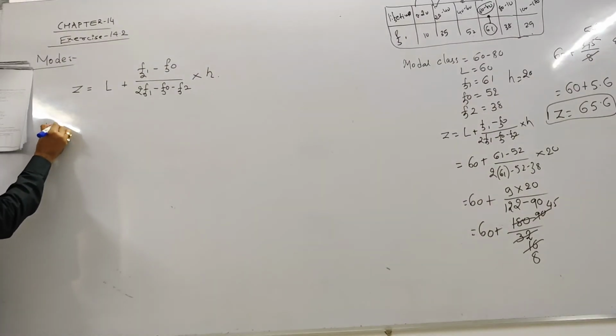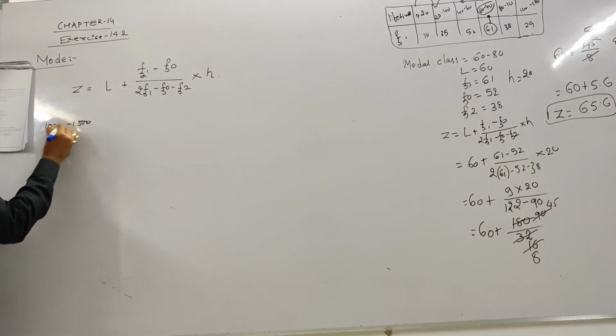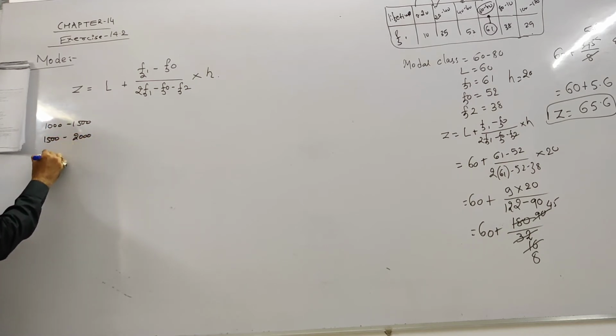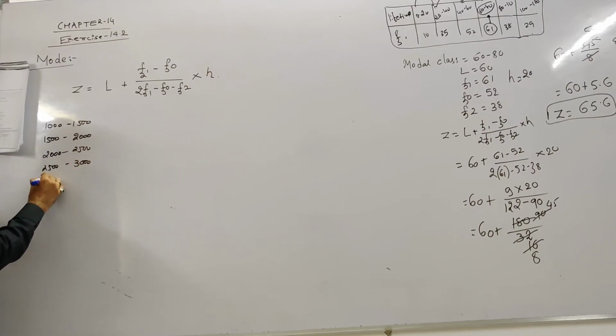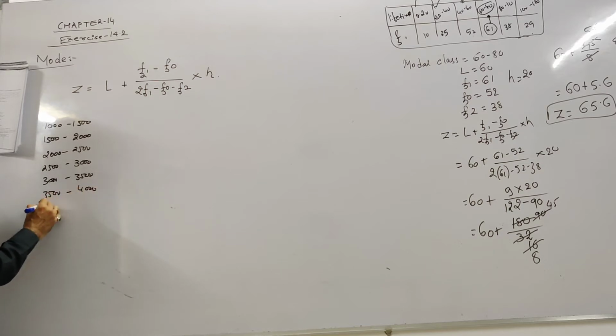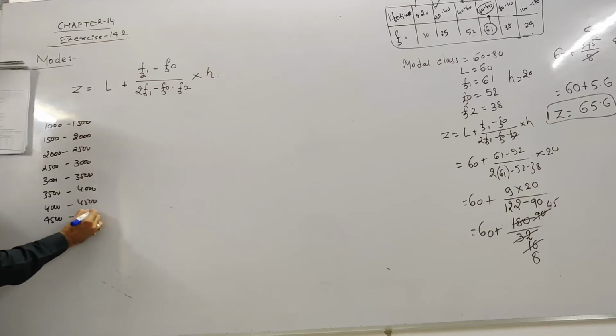So first one, 1000 to 1500, 1500 to 2000, 2000 to 2500, 2500 to 3000, 3000 to 3500, 3500 to 4000, 4000 to 4500, similarly 4500 to 5000.